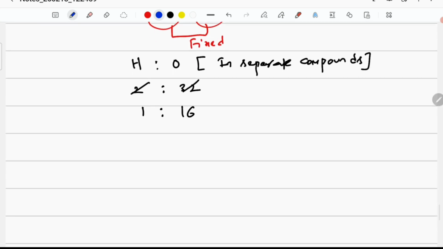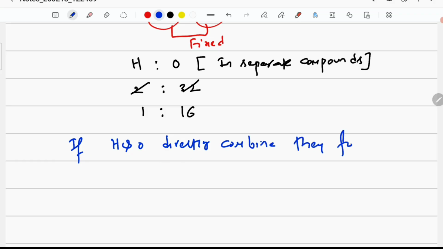Now, if hydrogen and oxygen directly combine, they form H2O. So then you take the hydrogen to oxygen ratio here, 2 is to 16.